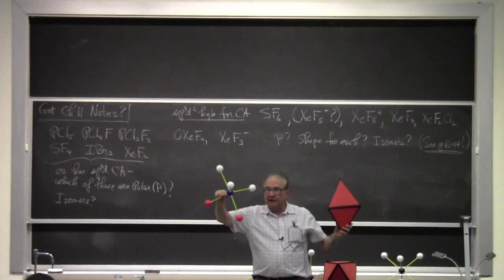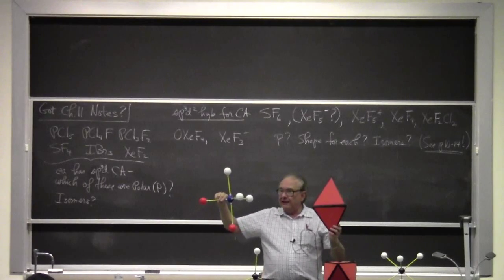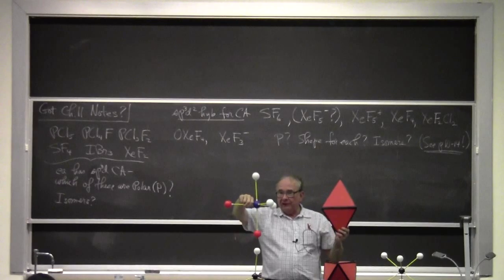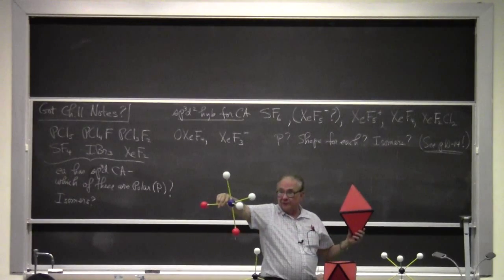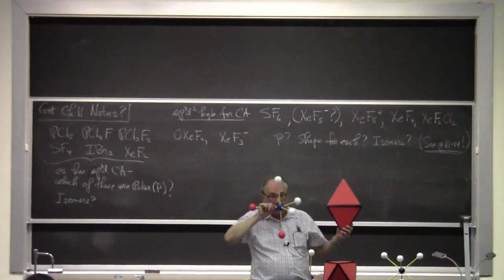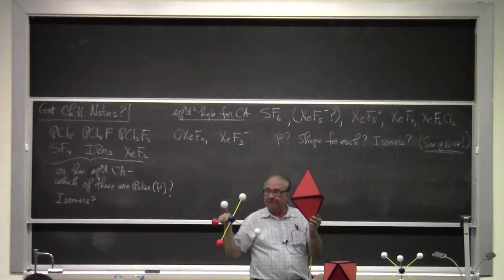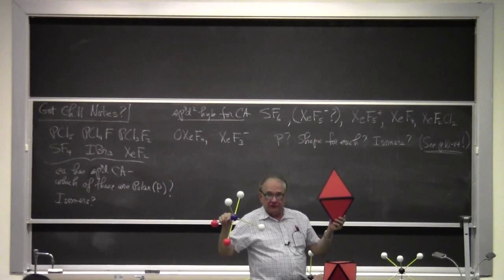Never mind the different colors on the periphery, imagine they're all the same. How will bond length compare for the equatorial atoms, I'm holding an equatorial bond right now, versus bond length for central atom to axial atom? Which one is shorter? Equatorial bonds are shorter.